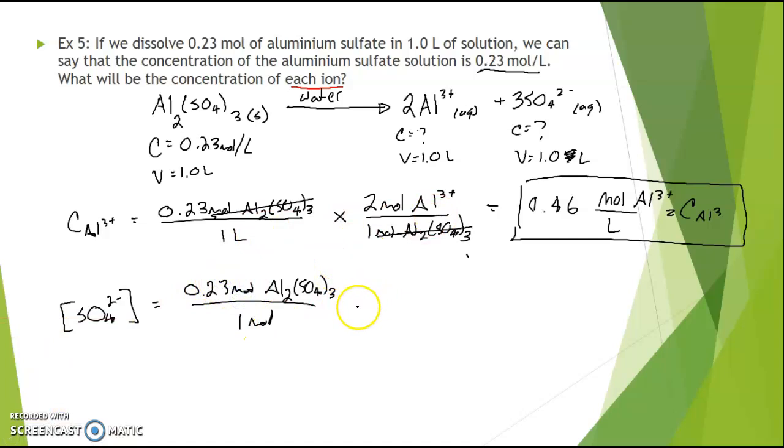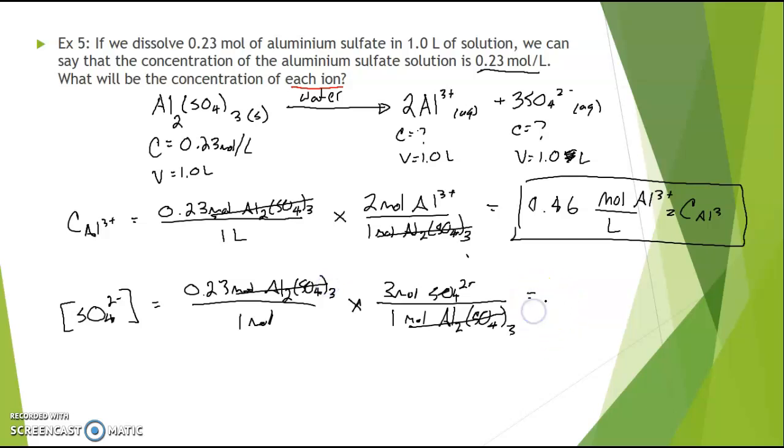0.23 moles of aluminum sulfate, and we want to get our other ion, which is sulfate ion. So we have 3 moles of sulfate ions for every 1 mole of aluminum sulfate. Well, now we have moles of aluminum sulfate over moles of aluminum sulfate. We cross those out.